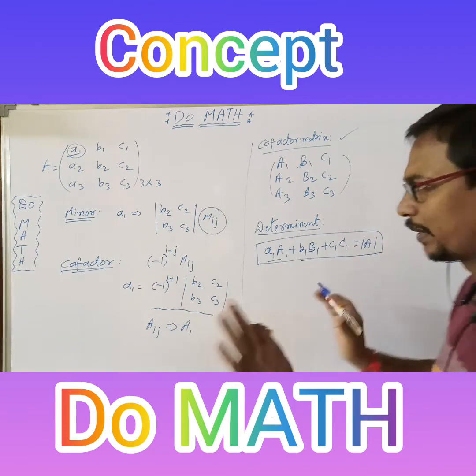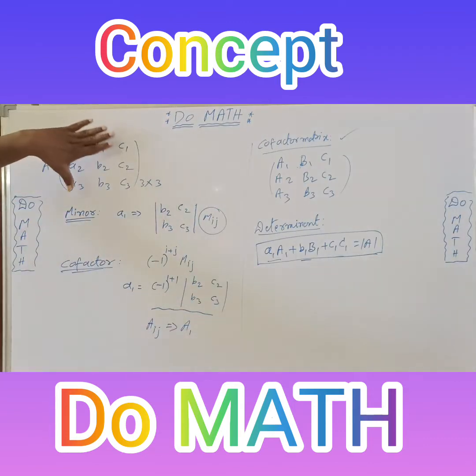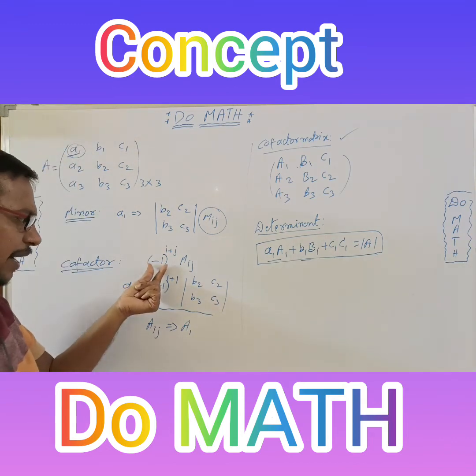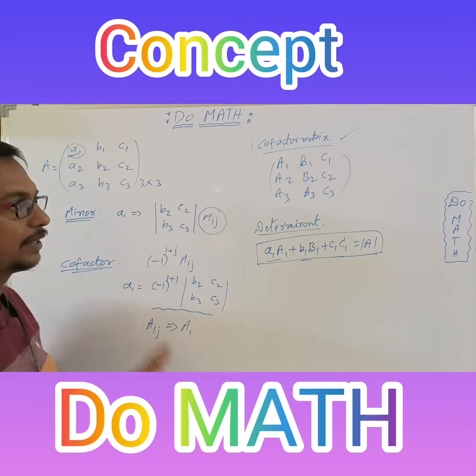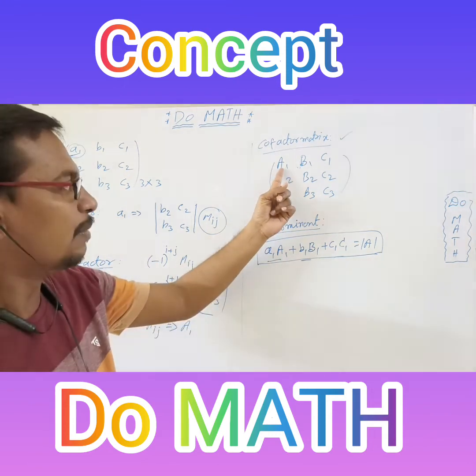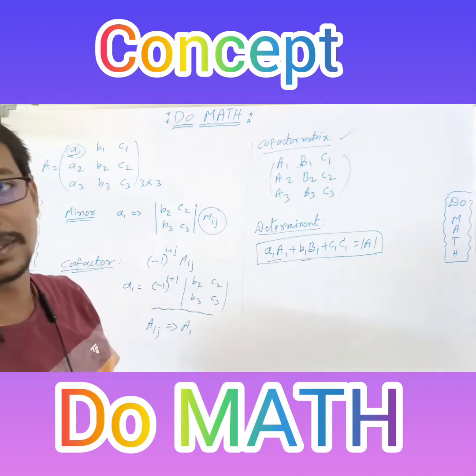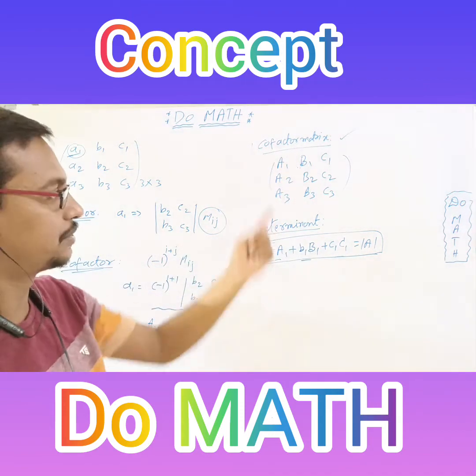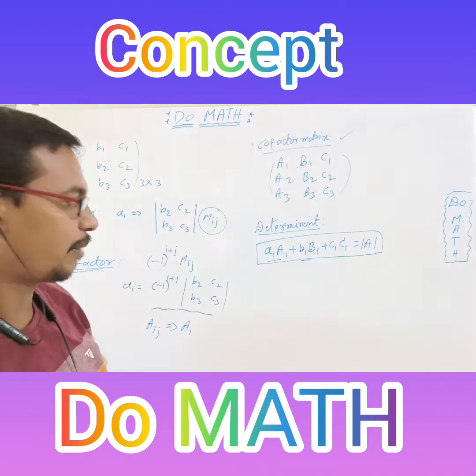Right? So I can briefly explain: eliminating the row and column in which the element is present, the determinant of the remaining 2 by 2 matrix is called the minor, and the minor multiplied by minus 1 power i plus j is the cofactor. Elements replaced by their cofactors is called the cofactor matrix.